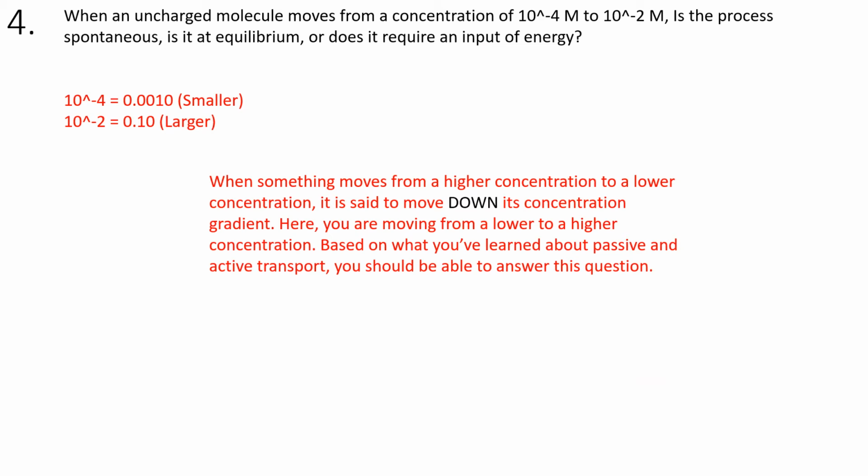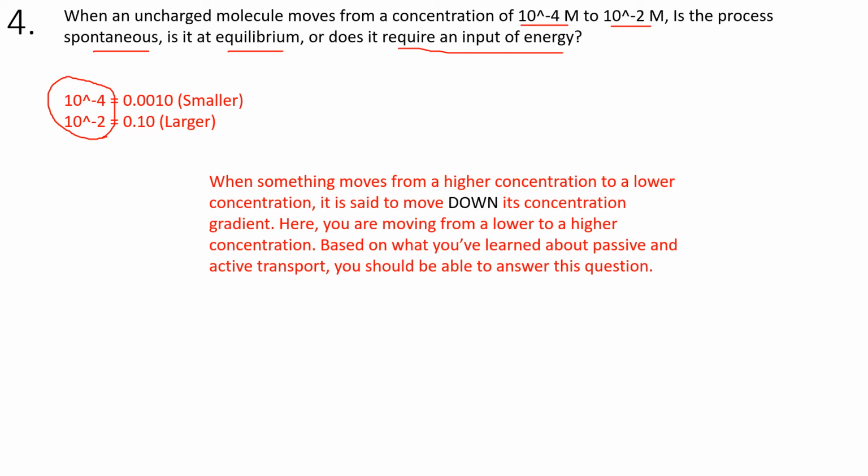Okay, number 4. When an uncharged molecule moves from a concentration of 10 to the negative 4 molarity to 10 to the negative 2 molarity, is the process spontaneous? Is it at equilibrium? Or does it require an input of energy? So whenever I get numbers like these, I like to rewrite them.